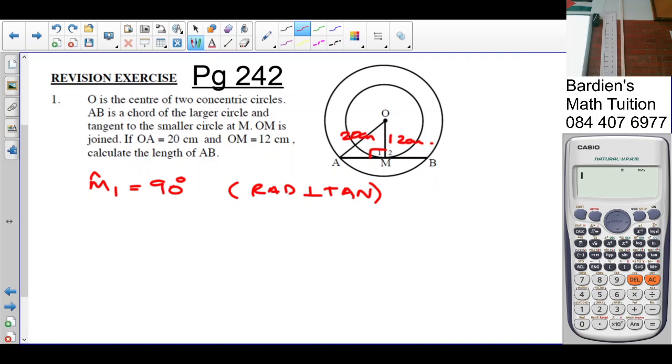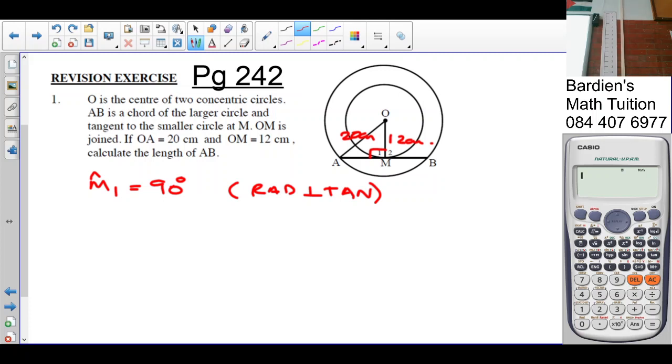If you don't write that and you use Pythagoras, you're going to lose everything, because you're just assuming it's 90 degrees. When it comes to mathematics, assuming something is dangerous. Now it allows me to use Pythagoras.